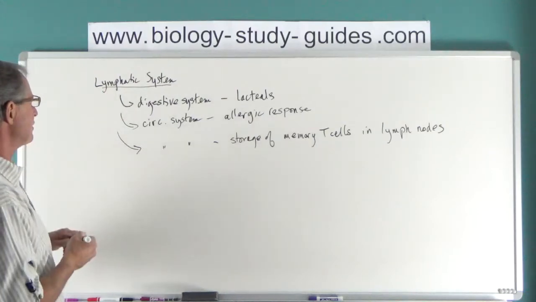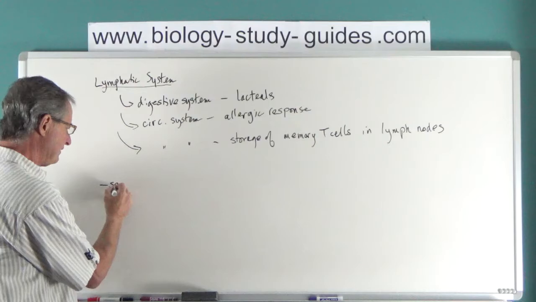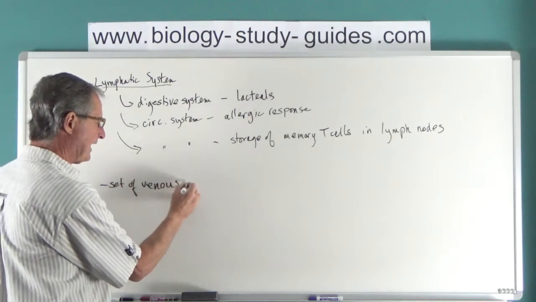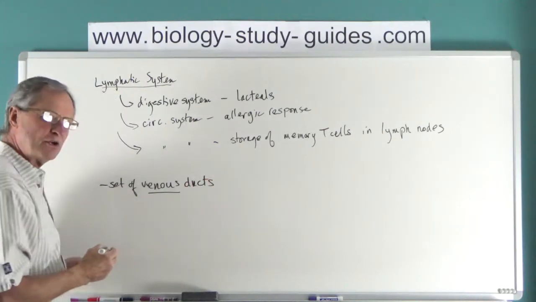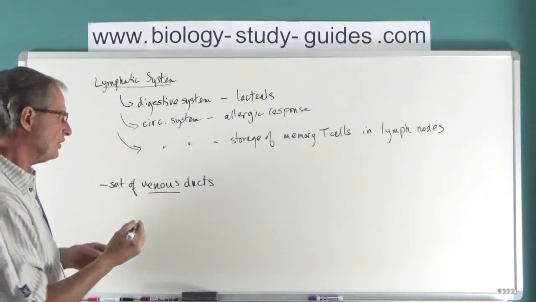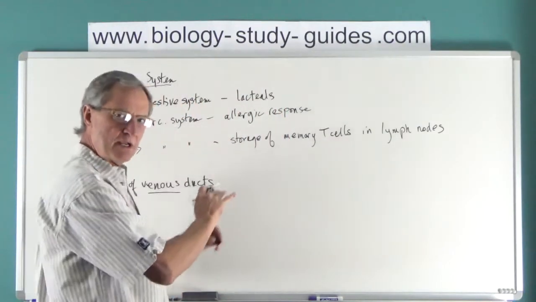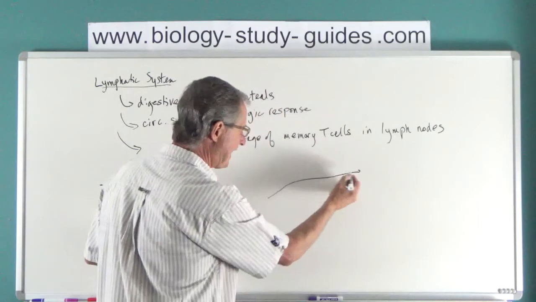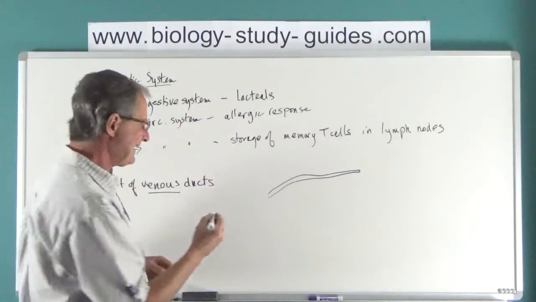The lymphatic system is quite simply a set of venous ducts. Venous. No arterial duct at all. So inside tissue spaces, let's just say this region of the board is a tissue of some sort, there are endings or ducts which end in it. Or more precisely, there are ducts that begin in it.